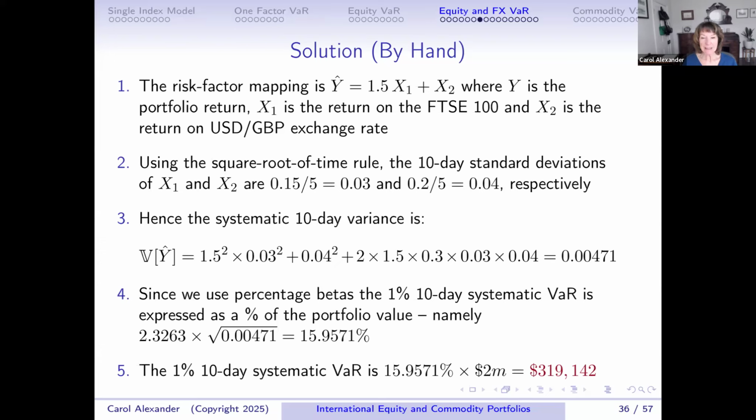So that's why I put a hat here on the Y. And then we add on X2, which is the return on the exchange rate. And the beta is 1, so I haven't written it in there.